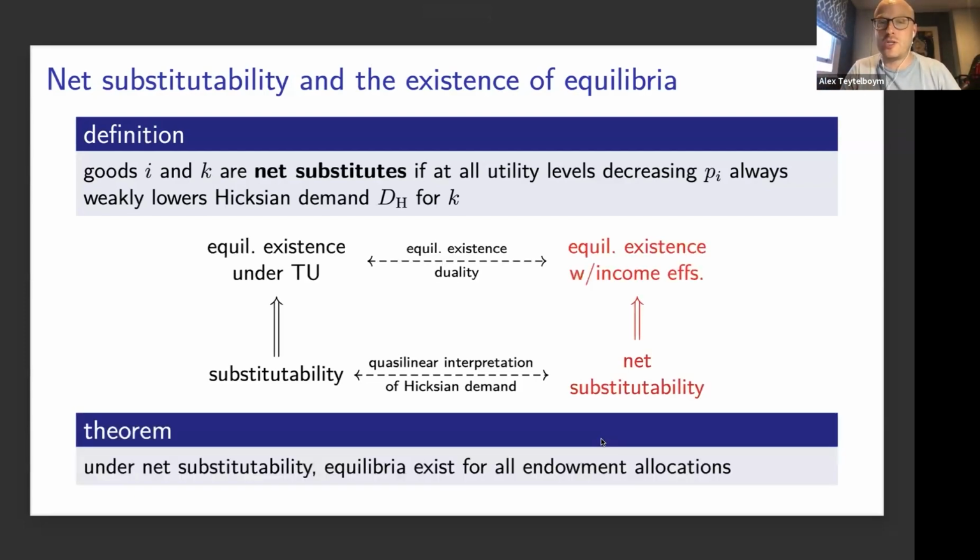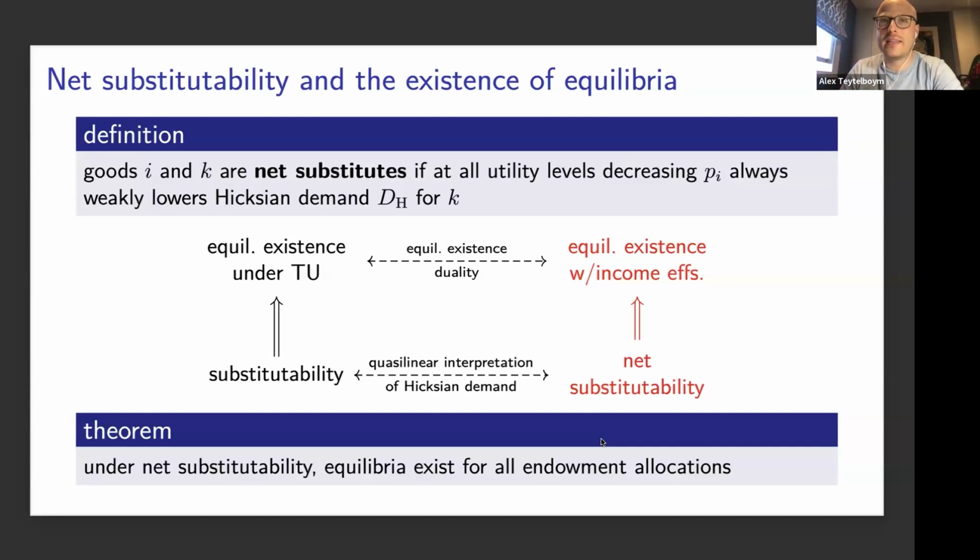The equilibrium existence duality, going from the top left corner to the top right corner, allows us to conclude that in an economy with income effects in which all agents' preferences satisfy net substitutes, equilibrium will exist for endowment allocations. This is a new result using this machinery. So what is critical from an existence point of view is that existence occurs for substitute valuations. If you add income effects and assume net substitutability, then you maintain the existence property.